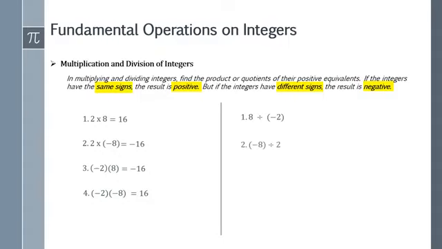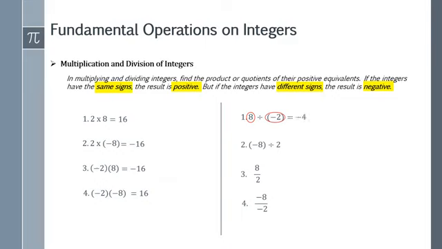So let's have these examples, class. So you have 8 divided by negative 2, negative 8 divided by 2, 8 divided by 2, negative 8 divided by negative 2. Okay. So this is 8 positive, 2 is negative. So different sign ngayon. So what's the result if different yung sign? That is equal to negative 4.